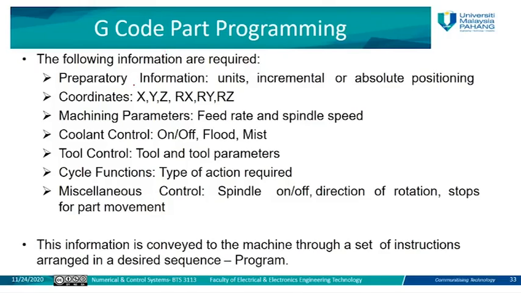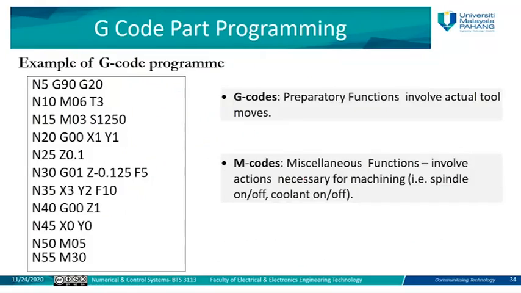So the preparatory functions are things like the units, whether you are going to use inch or metric, incremental or absolute positioning, which coordinates X, Y, Z, and which plane, Rx, Ry, Rz, the machining process, coolant on and off, and so on. All these need to be known, as we previously mentioned, when we write the G code.